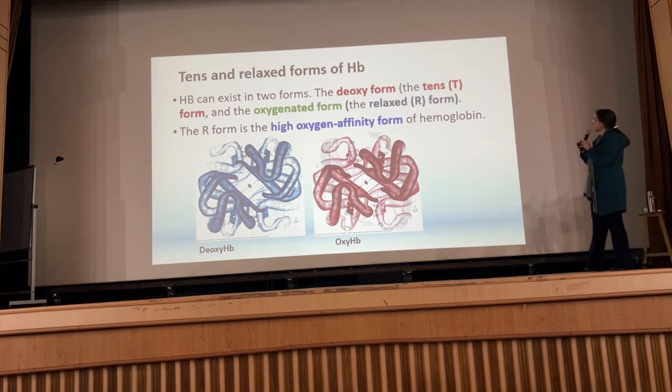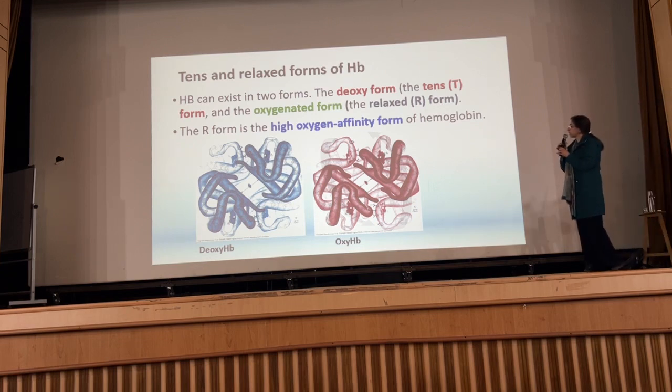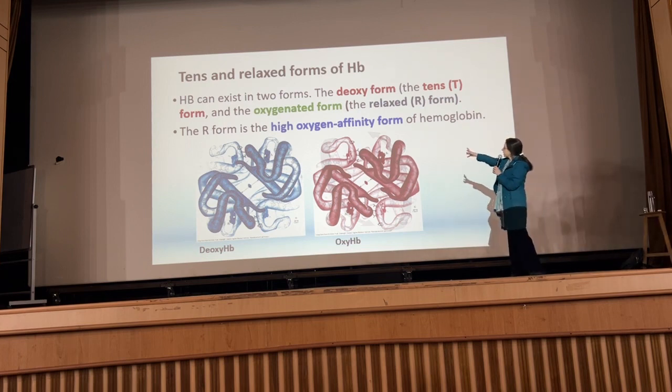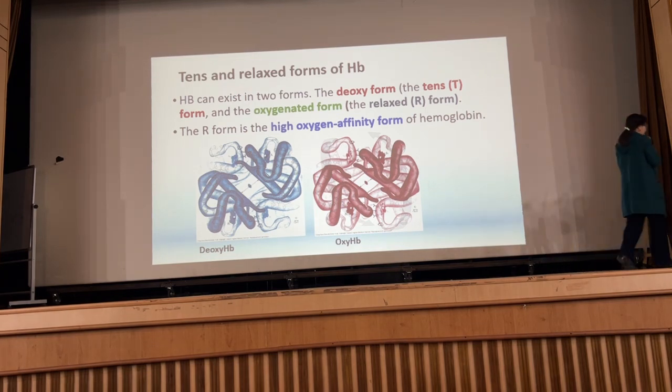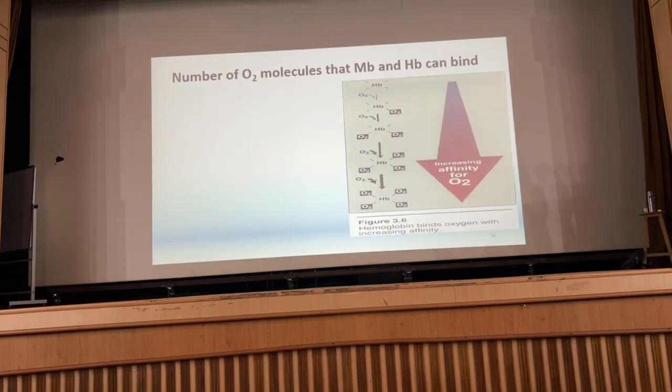So the deoxy form is the T form, and the oxygenated form is the relaxed form. And the binding site is going to be a little open when non-bound, a little more closed when it is bound to oxygen. Right. In the case of hemoglobin, this is particularly important.